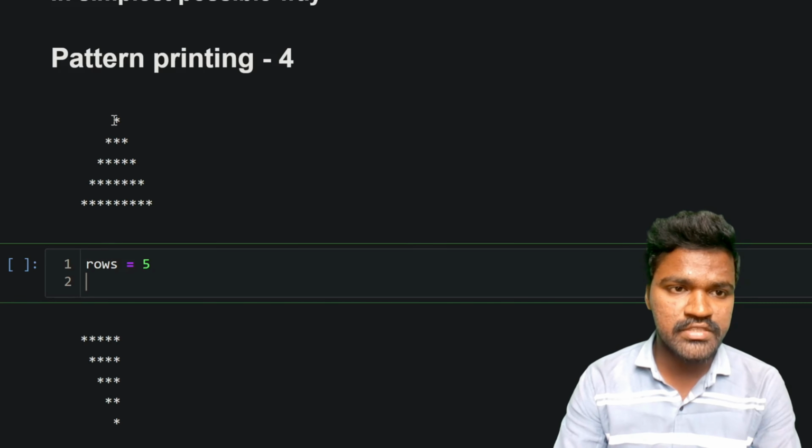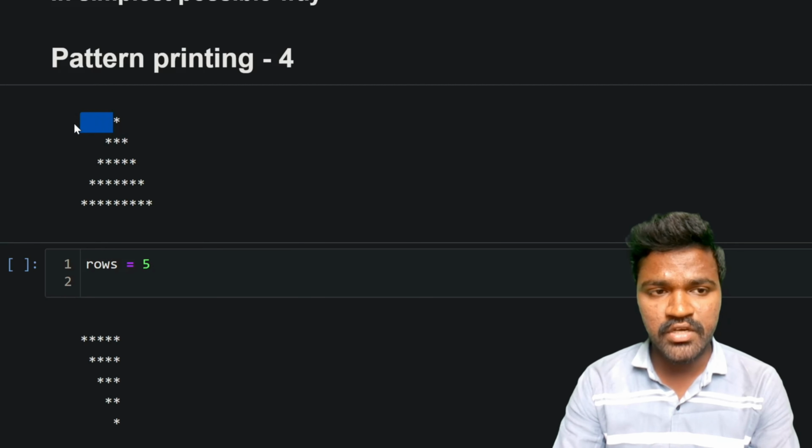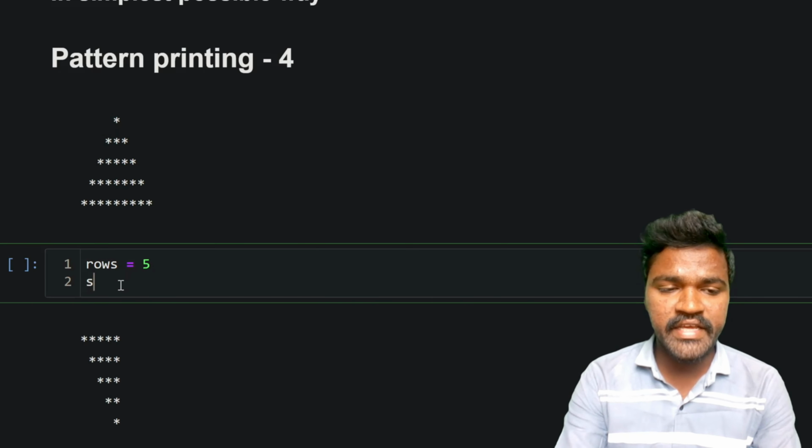If you carefully observe this pattern here, we are not only having these stars, we are also having spaces before the stars. Because of that reason, I will take one more variable as spaces.